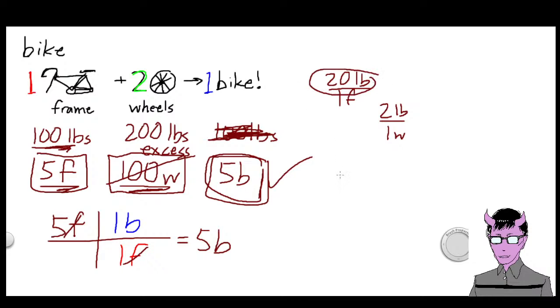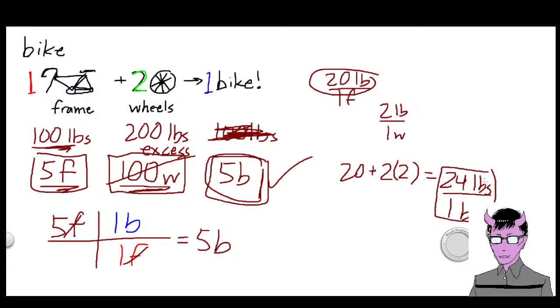If you add 20 pounds, which is 1 frame, and then add 2 pounds per wheel, times 2 wheels, what is the total weight of this bike? It's going to be 24 pounds, which actually sounds very heavy. Wait, I put BS. Oh, no, that's pounds. I'm sorry. Yeah, that's pounds. So each bike is going to be 24 pounds. Yikes. That's good for training, I guess. So 1 bike is our rate. For every 1 bike fully assembled, you have 24 pounds.